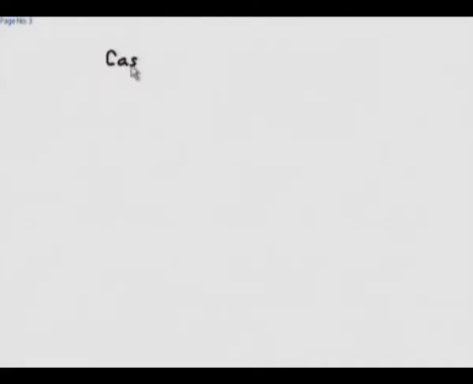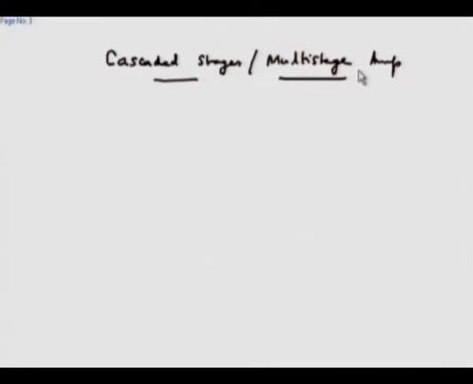Maybe I could just talk about one or two cases of, let us say, cascades. Now we know that the common emitter amplifier has, let us say, low to medium input resistance.